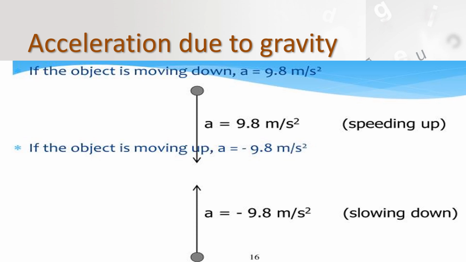If you are throwing the object upward from the ground, the acceleration due to gravity will be negative. So acceleration equals minus 9.8 meter per second square. Can you all understand, children?